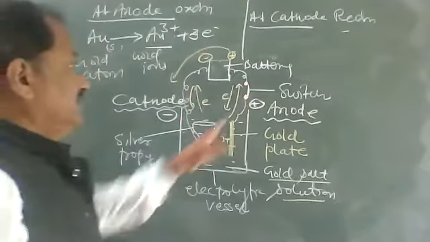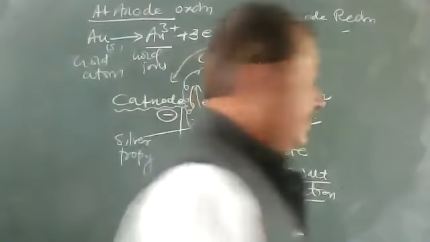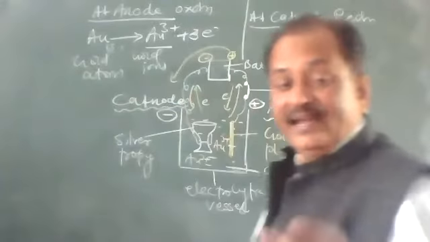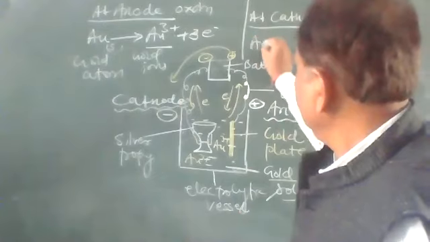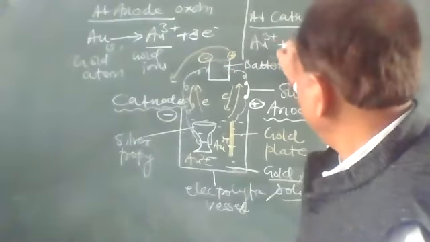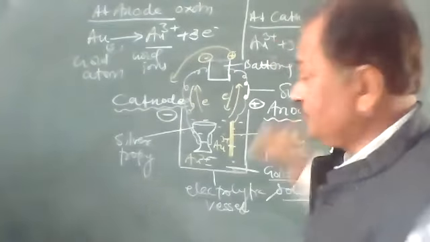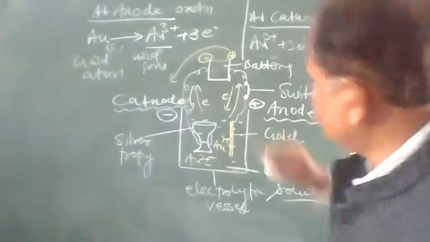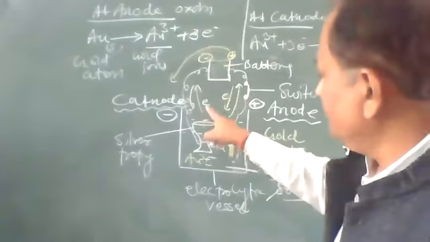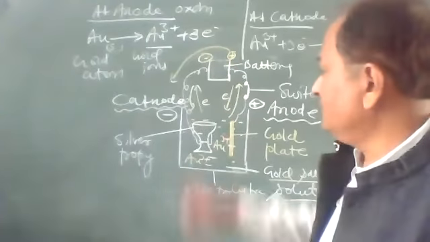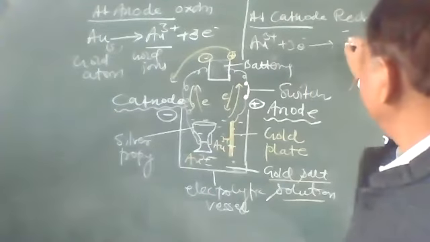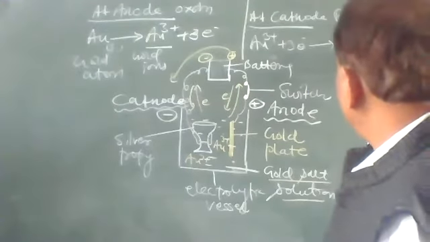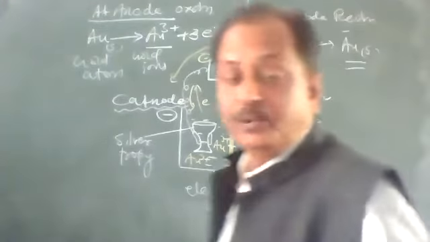So here at this side electrons will be there. Negative has excess of electrons. So these gold ions will take up 3 electrons from the moving electrons. Electrons are in excess quantity, and as a result this gold atom will be deposited.